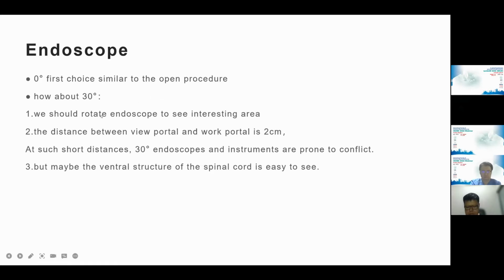And why do we choose the 30-degree? Because we often do the contralateral decompression. So the 30-degree endoscope can supply a bigger surgical field for the contralateral side.